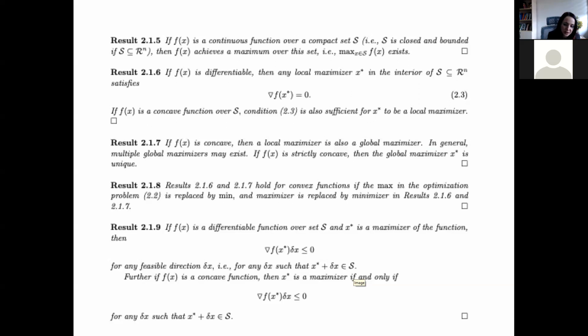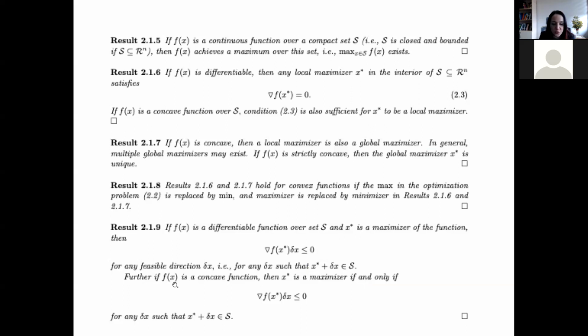So clearly, you could do gradient ascent. You could go along the direction where these differences are positive, and you would end up at x star, the maximum point.